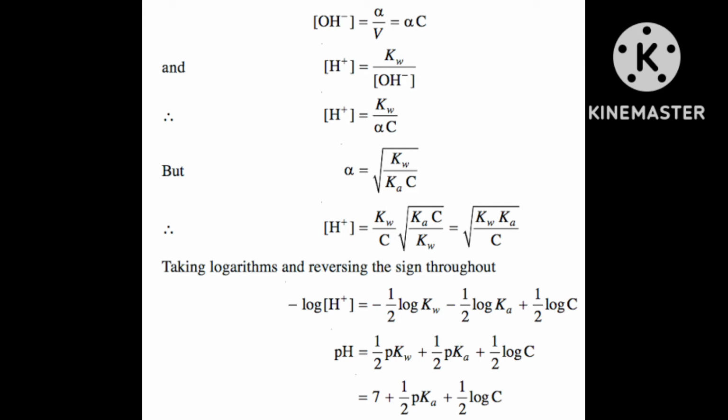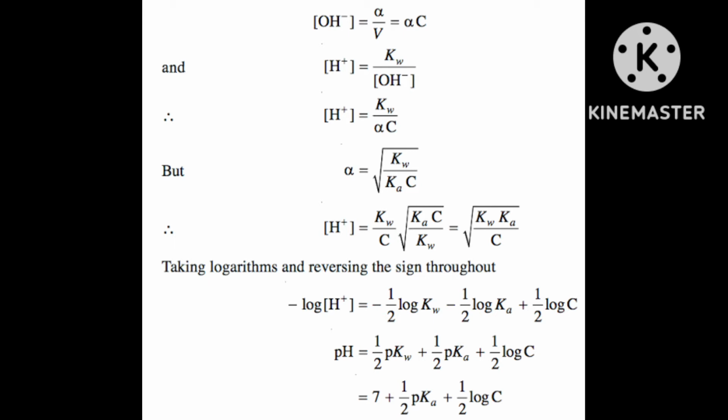If pKa is more and pKb is less, then pKa minus pKb will be a positive value, divided by 2, so the pH value will be more than 7.